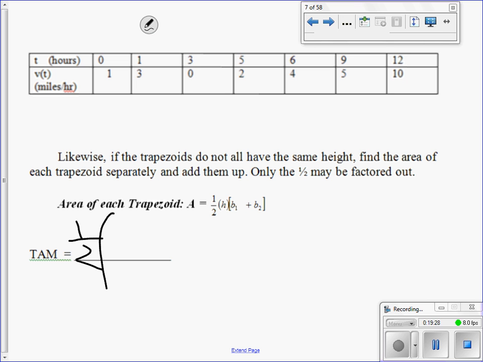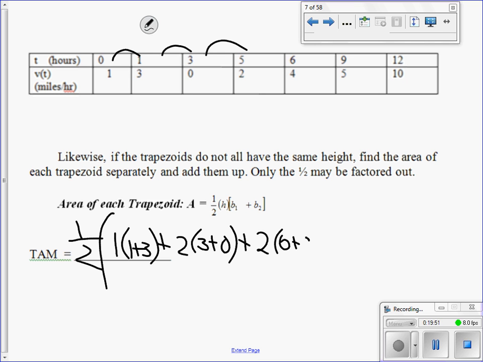Alright, so for the first trapezoid, what's the height? 1. Now what do I write for the sum of the bases? 1 plus 3. Nice. Second one. 2 times 3 plus 0. Next one. 2 times 2. Nice. Plus 3.